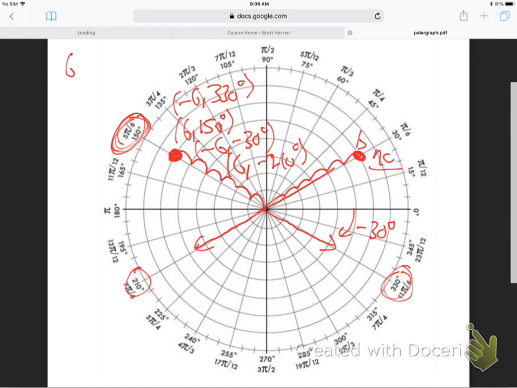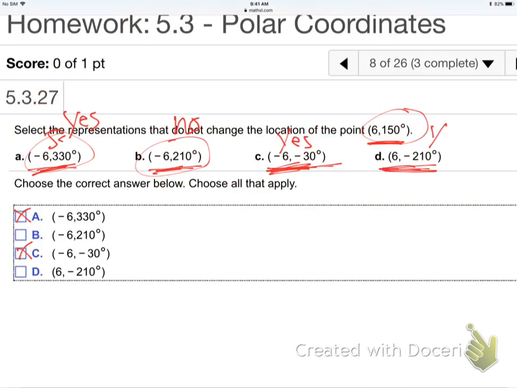Because if you take negative 210 and you add a full rotation, you're at positive 150, same place. And they said positive 6, so that shoots forward 6, same dot. So that one is also a yes.